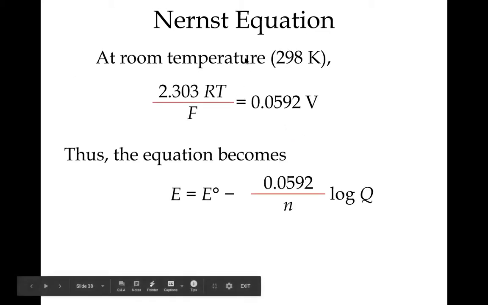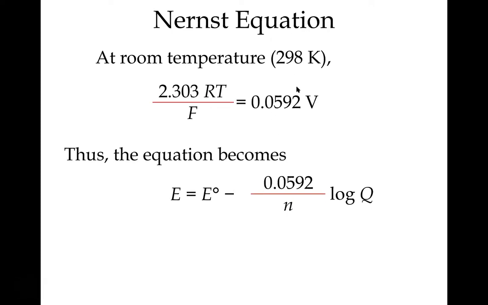And so if it's at room temperature, it's going to equal, again, the same number, 0.0592 volts. So the equation is going to become this standard cell potential, minus that number, 0.0592 over N over log Q. Okay.